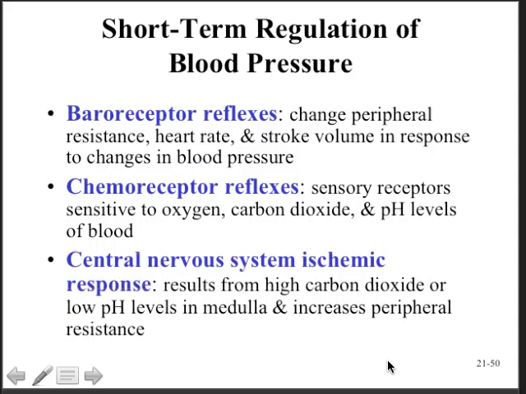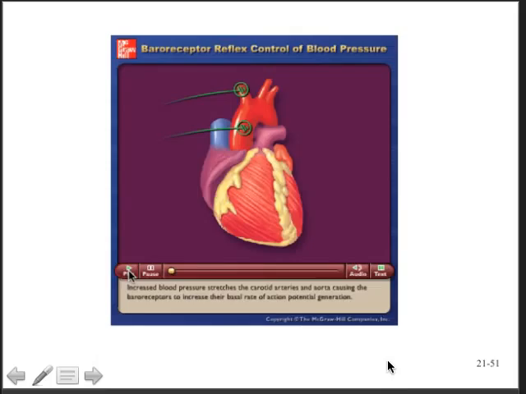The central nervous system ischemic response results from high carbon dioxide or low pH levels in the medulla, and it's going to increase peripheral resistance. The result is going to be an increase in blood pressure. Okay, so let's take a look at how the baroreceptors operate.